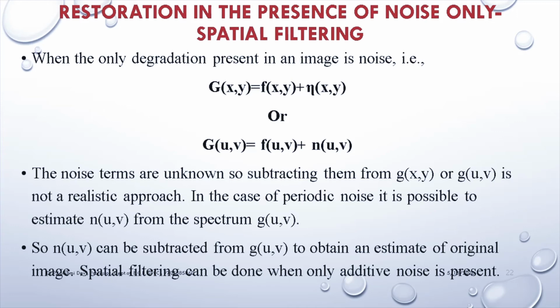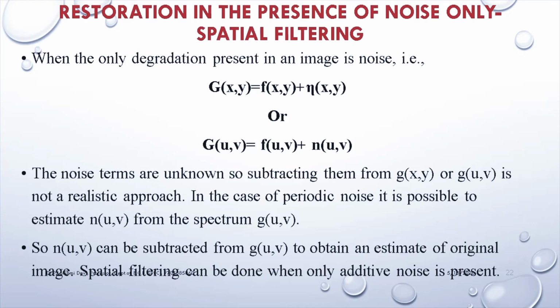In the case of periodic noise, it is possible to estimate N of uv from the spectrum G of uv. But in the spatial domain, it's not so easy to extract the noise signal n of xy or N of uv. So N of uv can be subtracted from G of uv in order to obtain the estimate of the original image. Spatial filtering can be done when only additive noise is present.